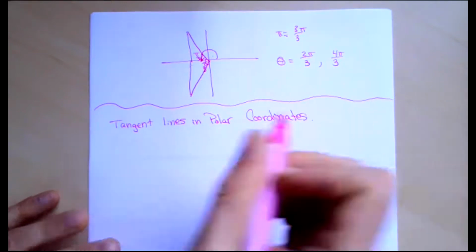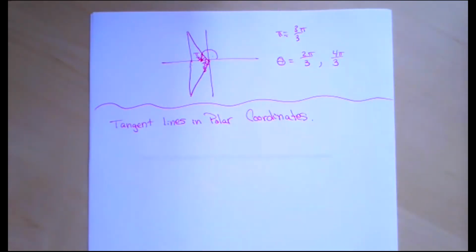Tangent lines are essentially the same as they are with parametric equations. You can really think of polar coordinates as a parametrization in some sense. Whenever I'm given a polar function, r in terms of theta, it gives us a natural parameterization of x and y.